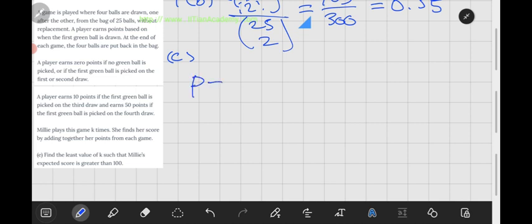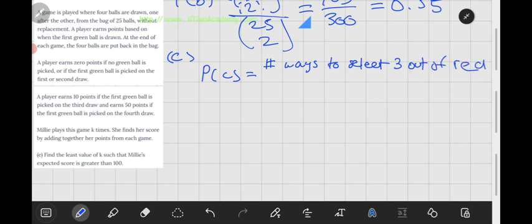So P of C is the number of ways to select three red balls divided by the number of ways to select three out of the total.